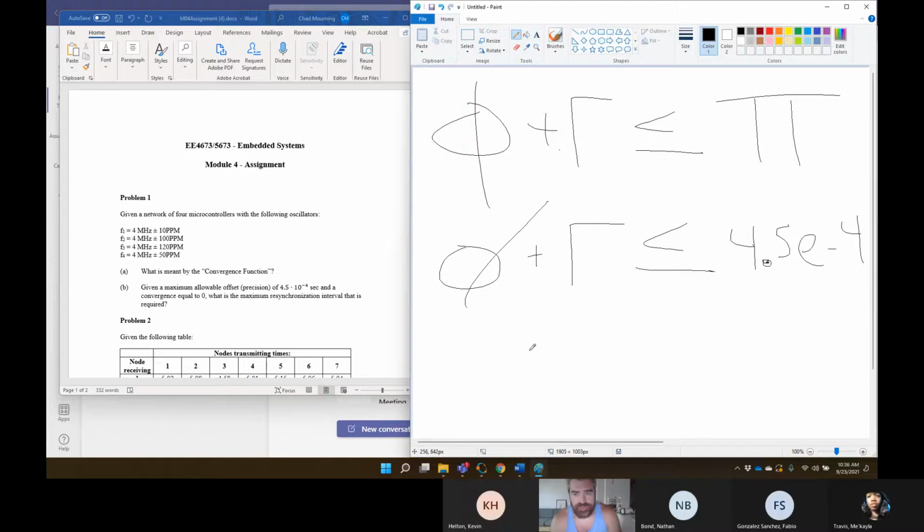So you can sort of get rid of that. And so gamma we know is the resync interval times how much your clocks drift.